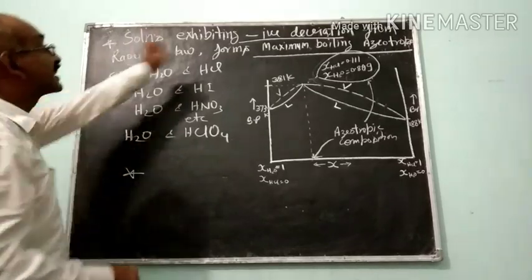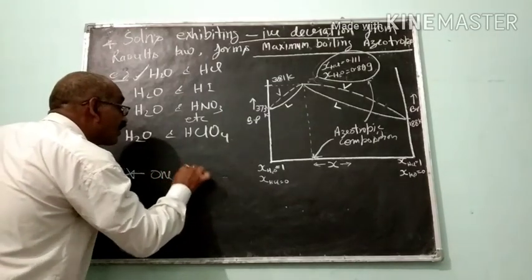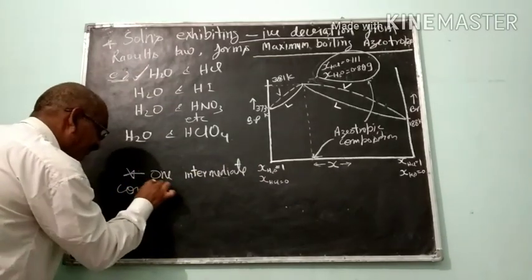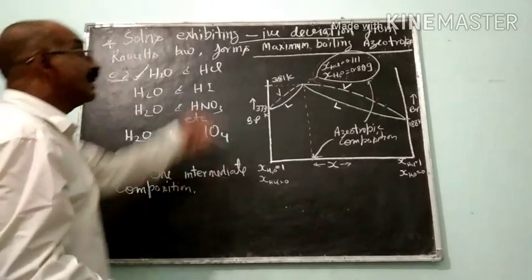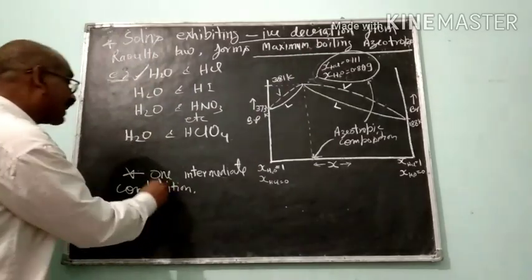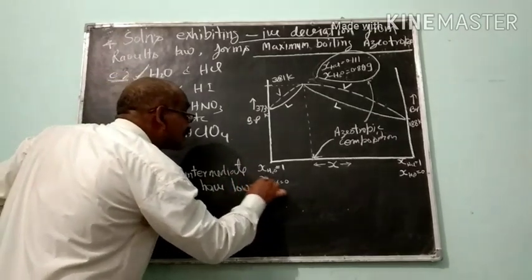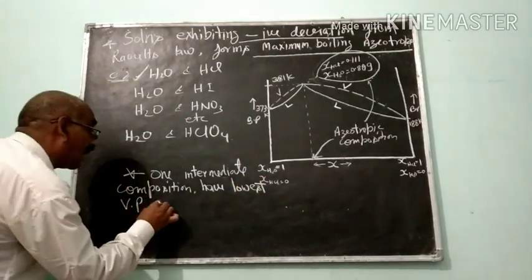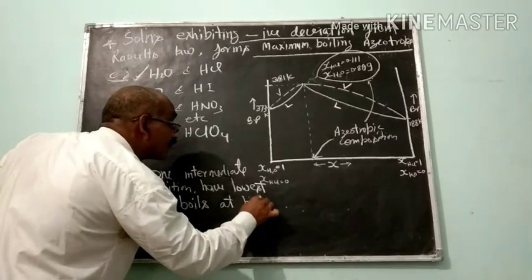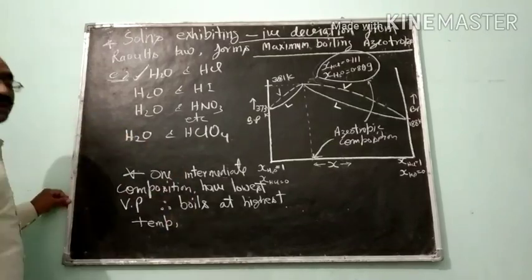The solutions which exhibits negative deviation in solution में one intermediate composition, जैसा कि इस केस में this composition is intermediate composition. तो one intermediate composition have lowest vapor pressure and therefore this boils at highest temperature.